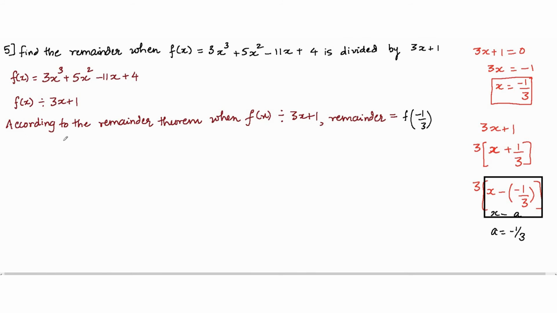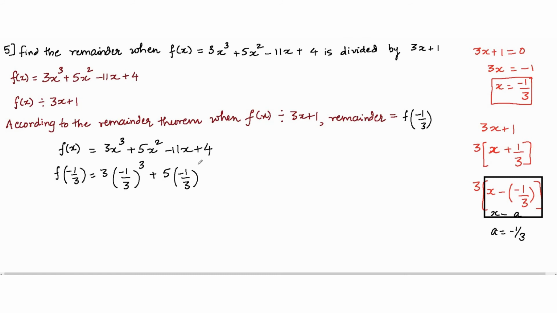So I have got the value of a now. So now I need to find my remainder. Let us take the value of f of x. F of x is equal to 3x cube plus 5x square, negative 11x plus 4, and therefore f of negative 1 by 3 would be 3 times negative 1 by 3 the whole cube plus 5 times negative 1 by 3 the whole square, negative 11 times negative 1 by 3 plus 4.